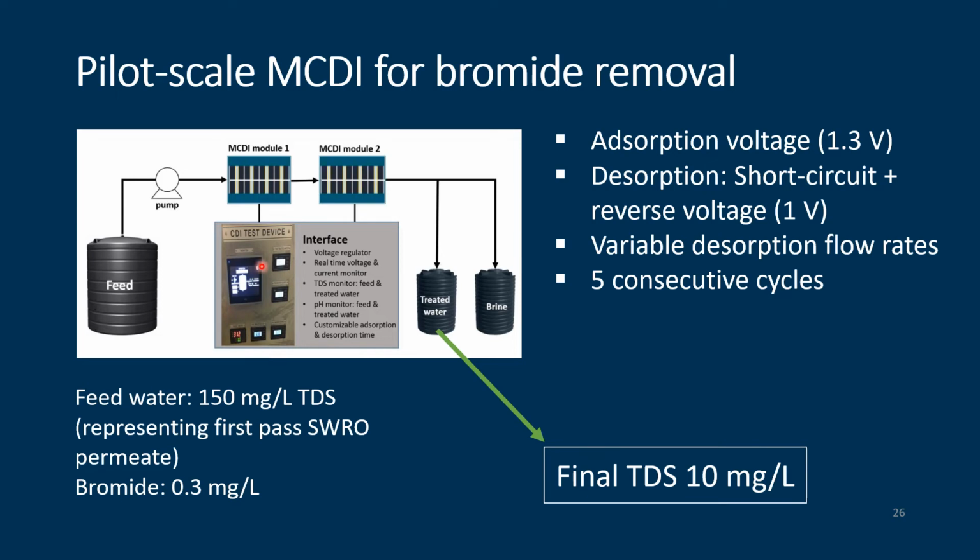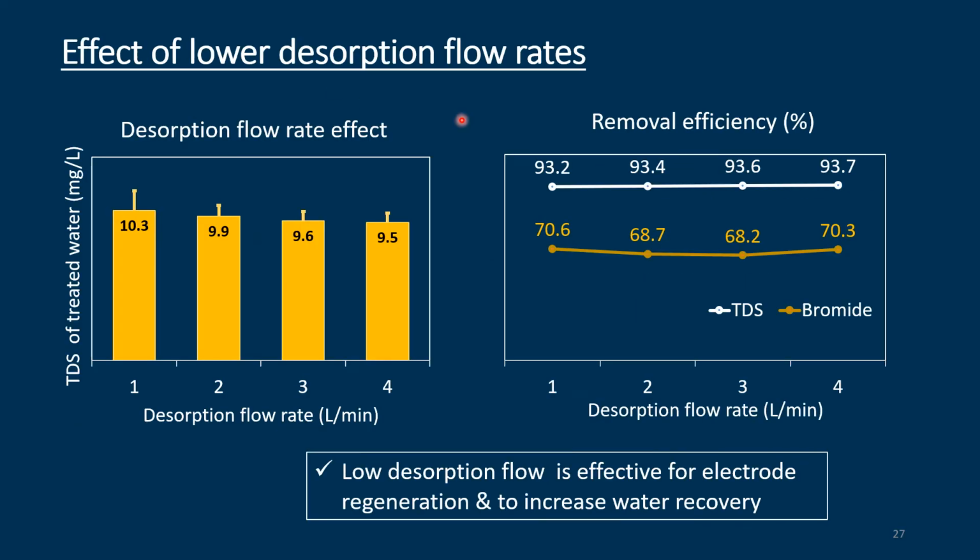Also, we tested a pilot MCDI unit for bromide removal, and this is the result of the effect of low desorption flow rate.